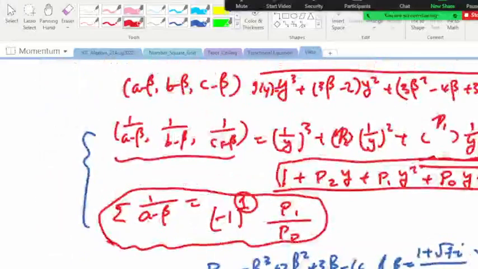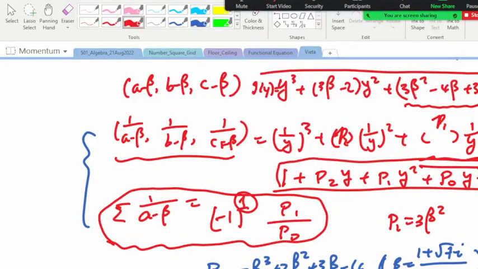Remember P1. Let's take a look at P1. P1 is a complex number here. Oh, okay. So P1 is equal to 3 beta squared minus 4 beta plus 3, right? Is there any non-bashy way?